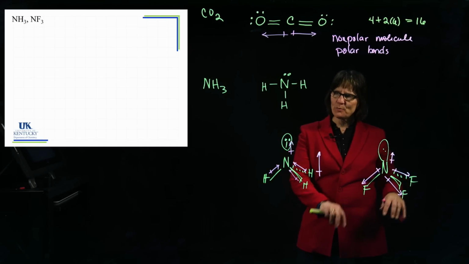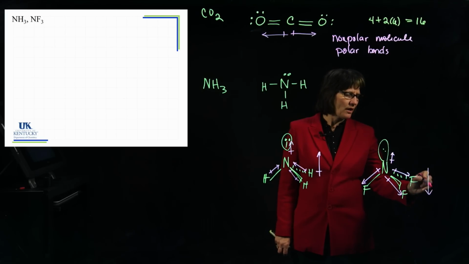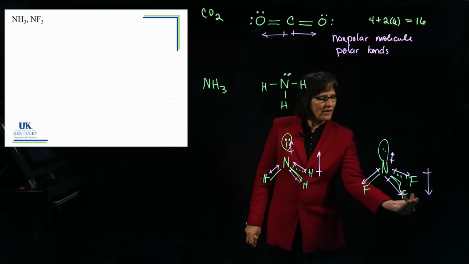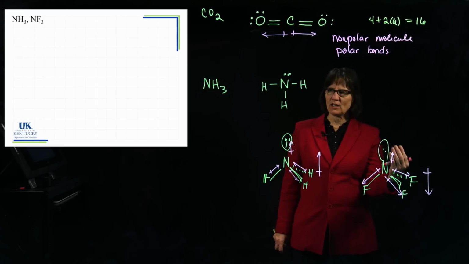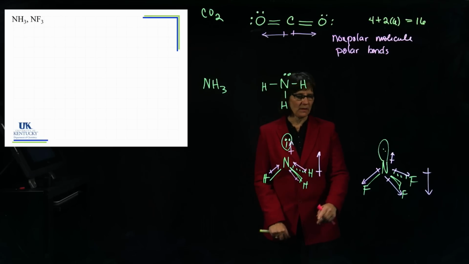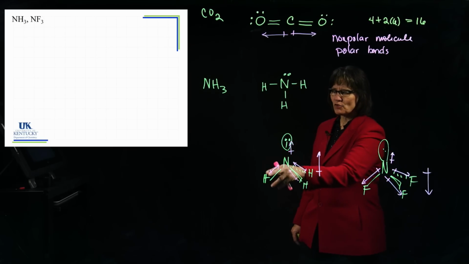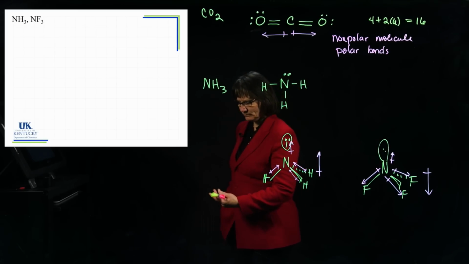But we have a whole bunch pointing in the down direction here, a little bit in the up direction, so this molecule is going to be polar, where the negative concentration is down at the bottom and the positive is more up at the top. So the polarity is different because of which atoms are attached, but they're both polar molecules.